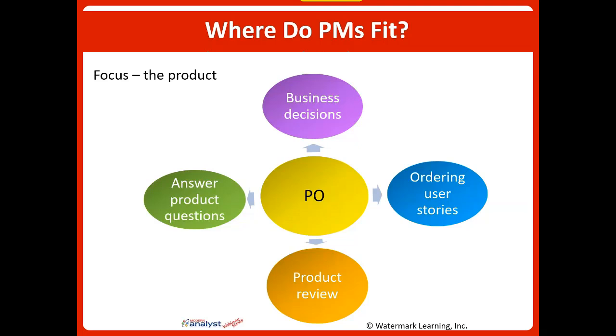When I first heard that, I think my jaw dropped down to my knee. Product owner, again, focuses on the product, makes product decisions. Do we really want people who've been PMs to be making product decisions? Of all the possibilities, this is my least favorite. I do not like this one at all.